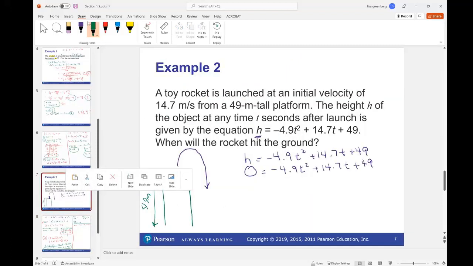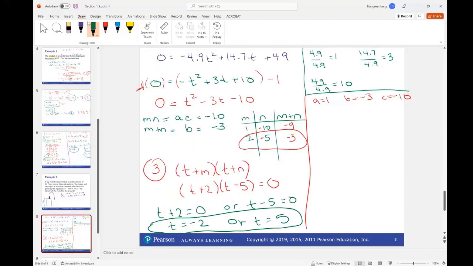So let's go back here, and I get a toy rocket is launched at an initial velocity of 14.7 meters per second from a 49-meter tall platform. The height h of the object at any time t after launch is given by the equation, and it says, when will the rocket hit the ground? Well, we have two possible answers here, but how can we talk about negative time?